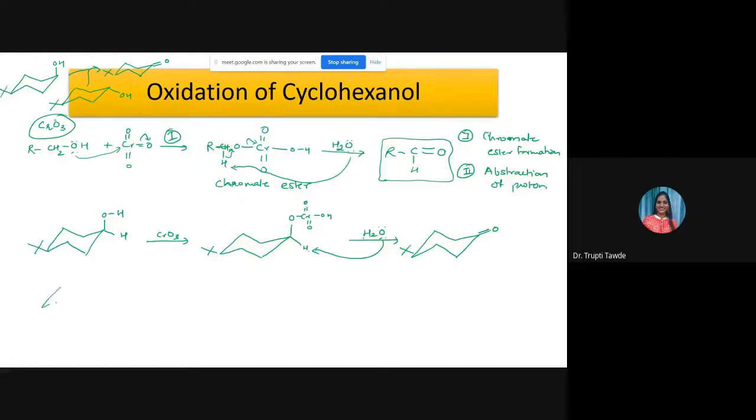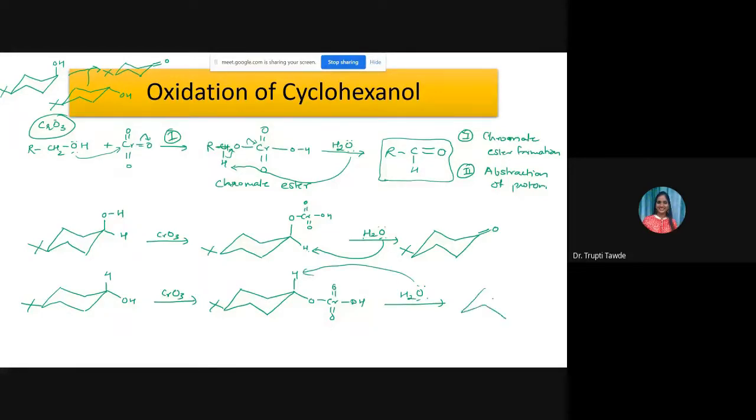Similarly here also, this is OH, chromic acid. So here the ester will be formed and then the proton will be abstracted, and I will end up with the same product.